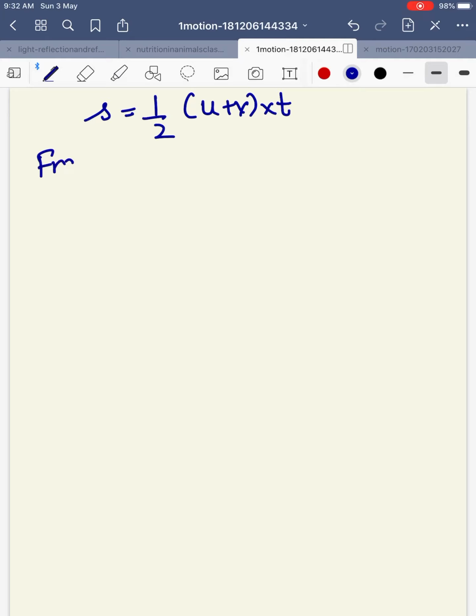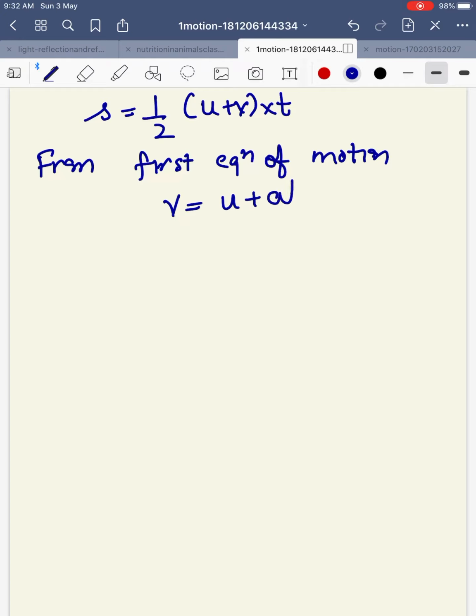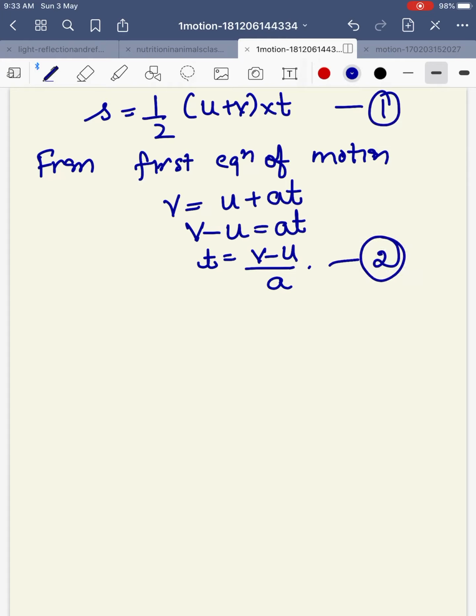From first equation of motion, we know that v is equal to u plus at. So if I take u to the other side, v minus u is equal to at. So t can be written as v minus u by a if I bring a to the denominator. This is my equation 1, this is my equation 2.